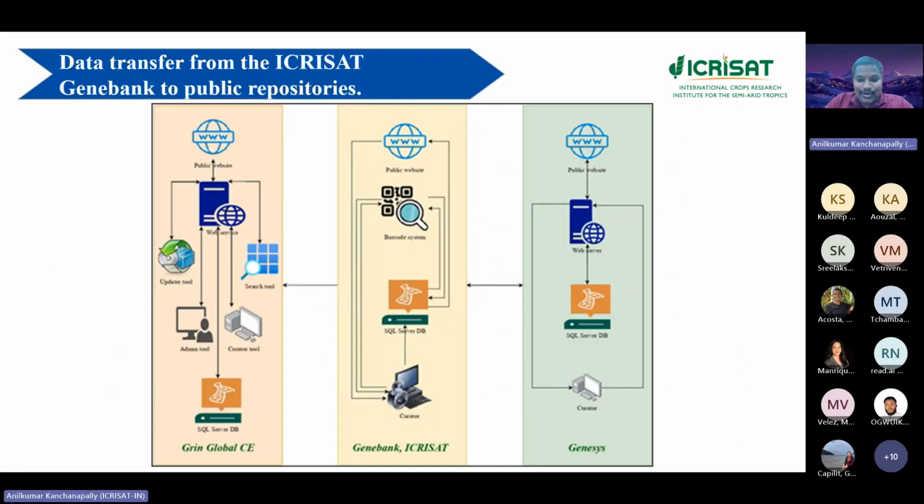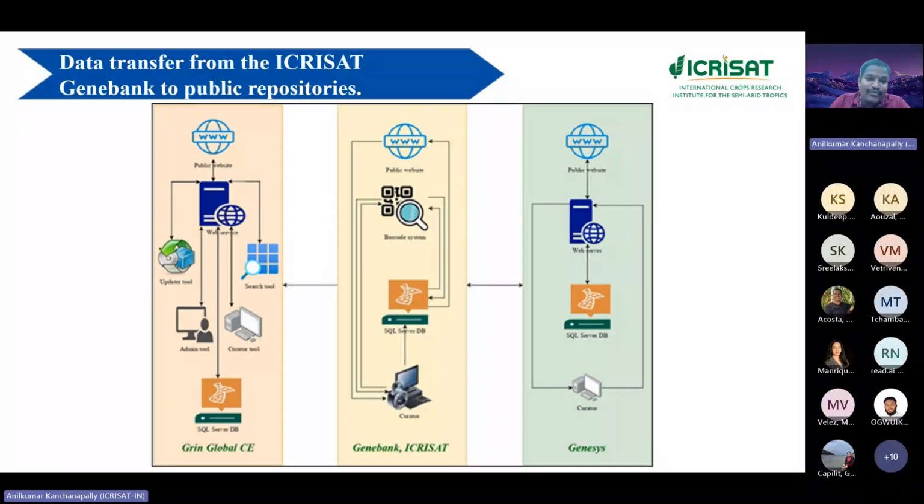Here, I would like to go back once again. If you see in the center, we have the ICRISAT Genebank database. We are making all the preliminary resource for the data in the ICRISAT Genebank database. For that, we are using barcode application and GIMS applications to do our regular activities.